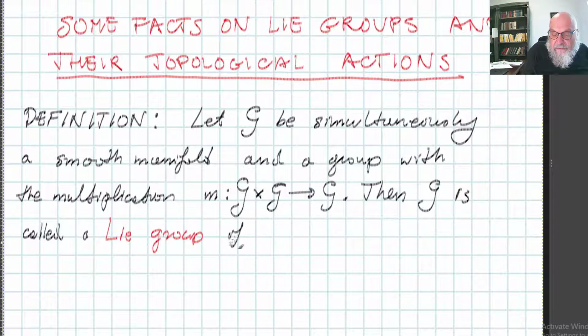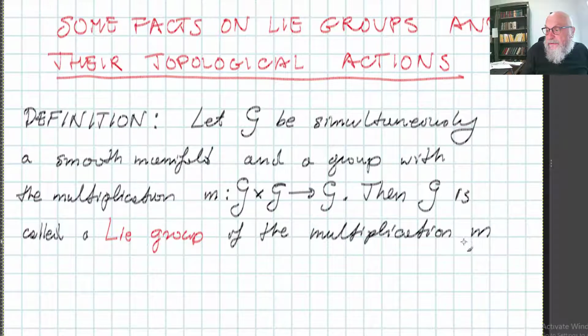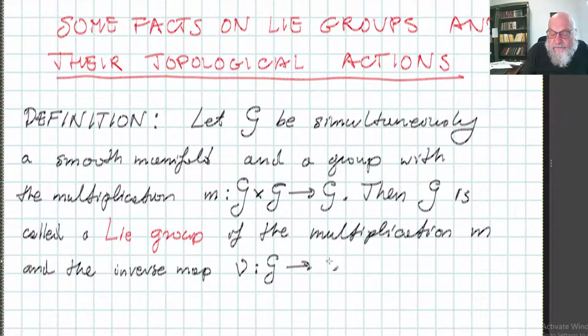if the multiplication M and the inverse map, let's call it mu, this is from G to G, defined like that.